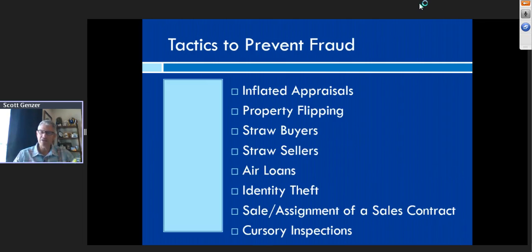Well, the first thing we've got to worry about is appraisals. Inflated appraisals are one of the most common elephants in fraud. And it says in some cases the appraisals are inflated by as much as 100%. I've seen appraisals inflated 300%. I've seen $400,000 appraisals on homes that were worth less than $100,000.